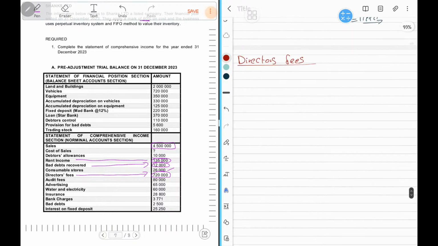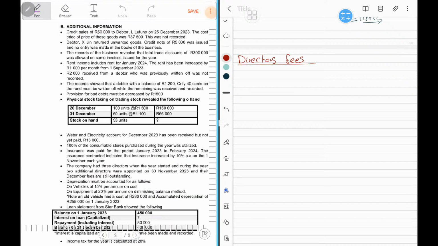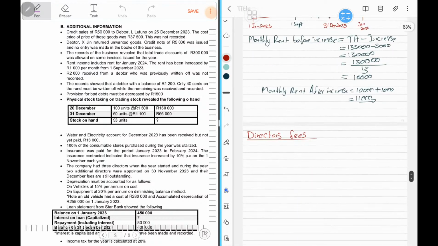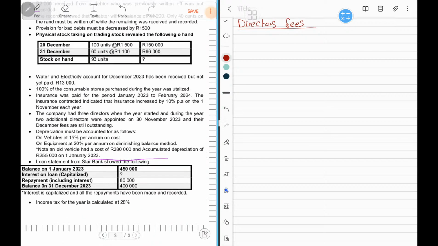Remember earlier on I said that you first have to identify the number of directors that you have in your company. So we're going to refer to information of directors. We're being told that the company had 3 directors when they started.